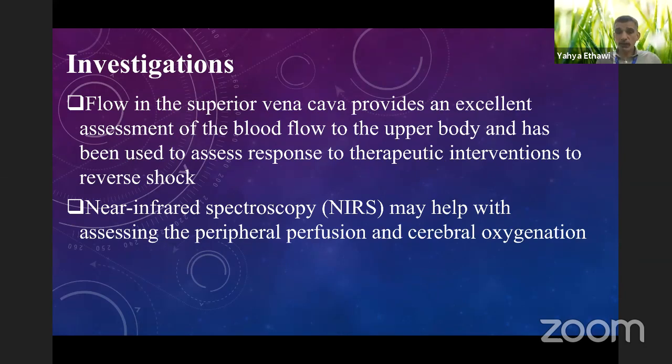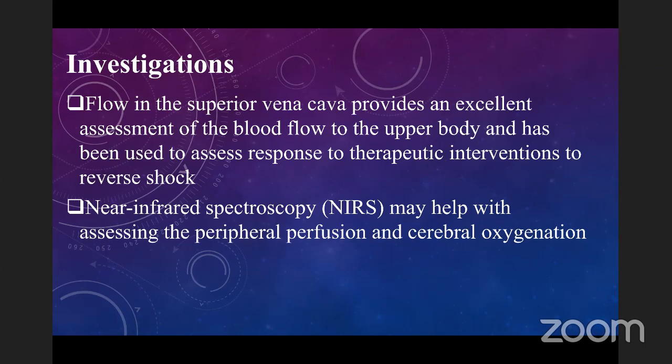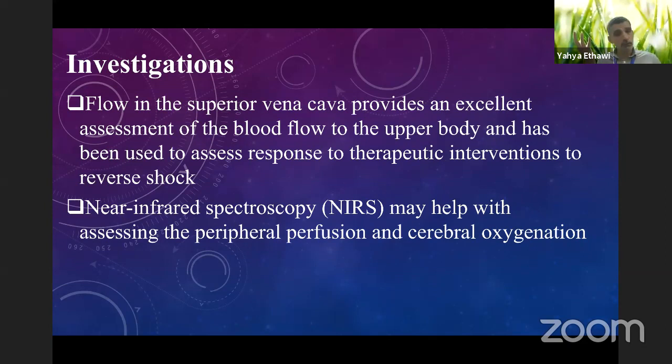Now, the near-infrared spectroscopy is a way to measure the oxygenation. Now, we know that the visible wavelength is from 200 to 600 nanometer. And the infrared wavelength, less visible, is around 800 nanometer.